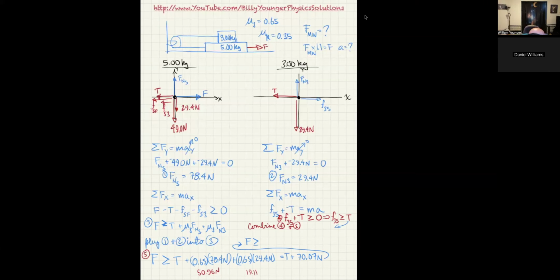So that's the 19.11. So I'm going to say 19.11 newtons plus 70.07 newtons. And if I do that plus 19.11, that gives me 89.18.